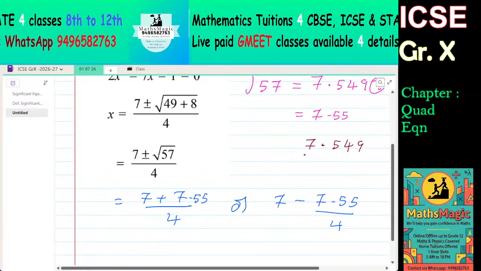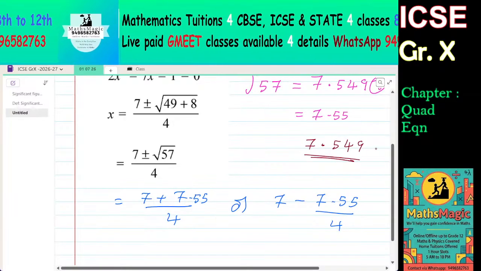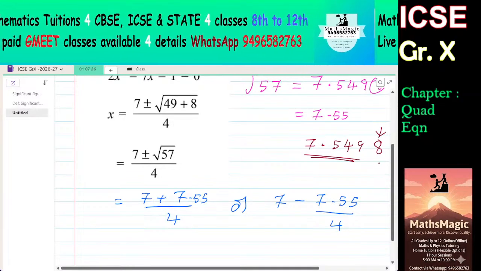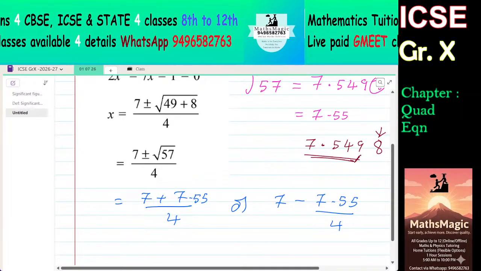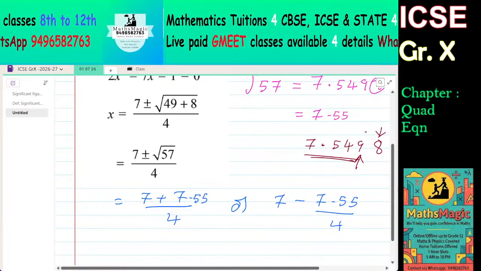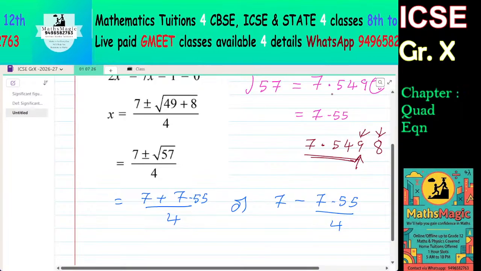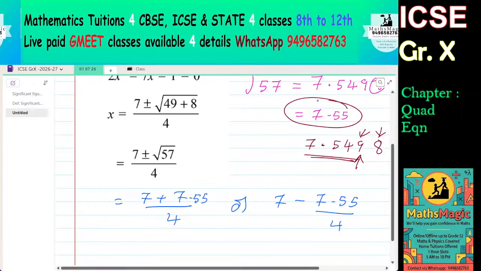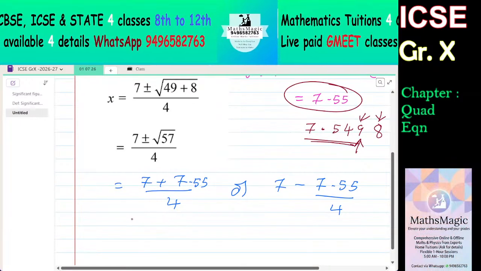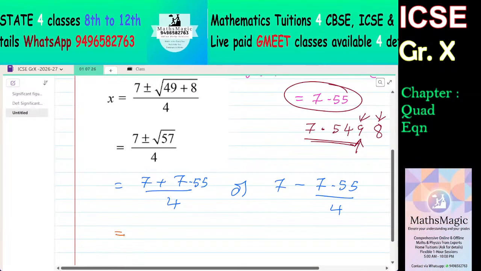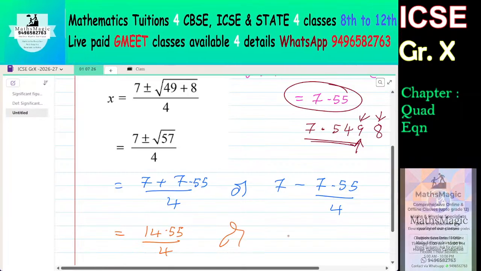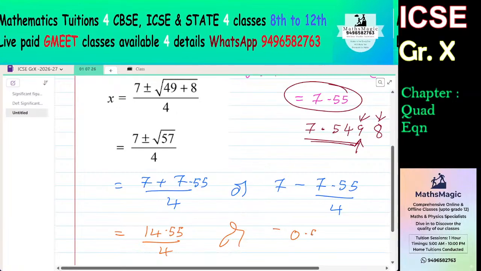If you want to correct to three decimal place, you have to consider this 8. So if you correct to this decimal place, since 8 is greater than 5, 1 will be added there. Again, you will end up with the same thing. So no need of having any confusion on that. So on adding that, you will get 14.55 by 4 or negative 0.55 by 4.